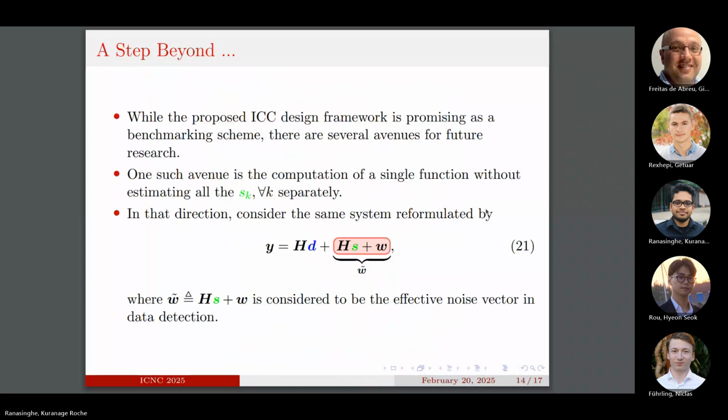So we can now go a step beyond and see what we can do to directly estimate the ŝ without estimating all of the s_k's, right? One way to do this would be to consider that our Hs plus w is some effective noise. And we can do this because of a fundamental assumption that the s that we have is a low power signal, so relative to the data symbols it is going to have a lower power.